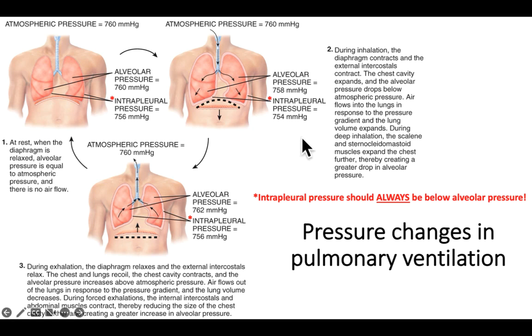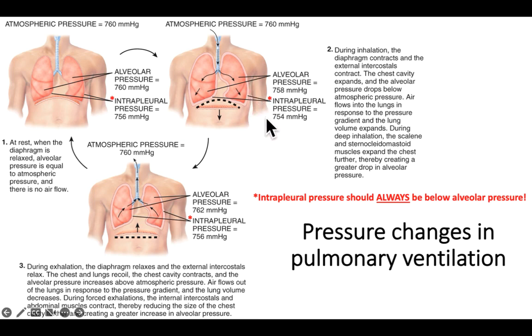Now, if you were to puncture the wall of the chest, okay, so let's say for some reason you have some sort of trauma to the chest wall, and it makes an opening between the pleural cavity and the atmosphere.